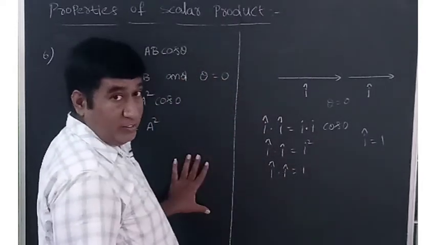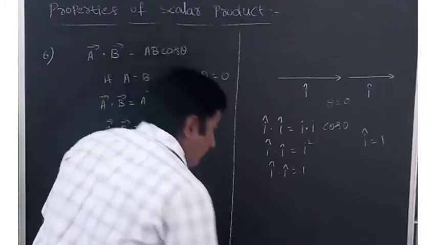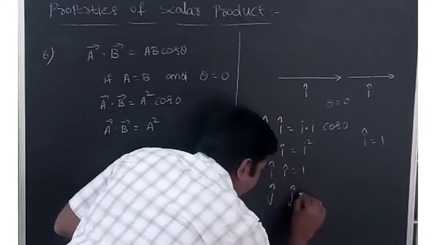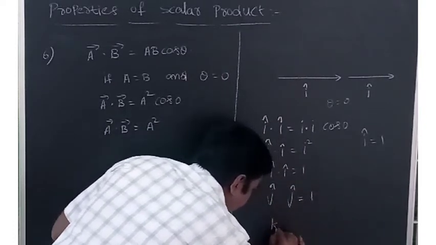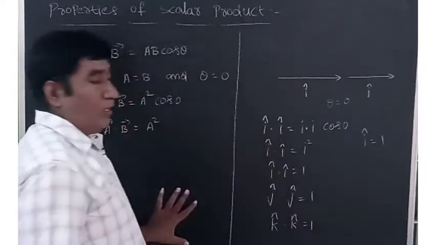In a similar manner, j cap dot j cap is equal to 1. k cap dot k cap is equal to 1.